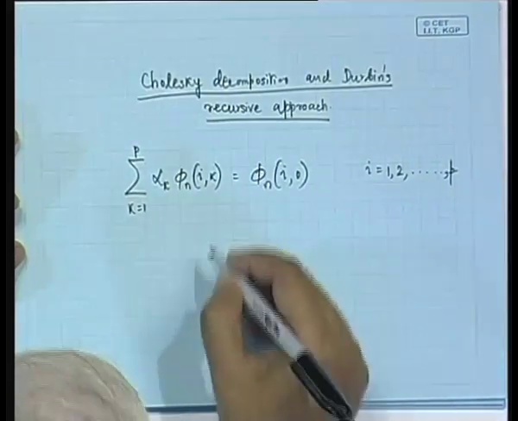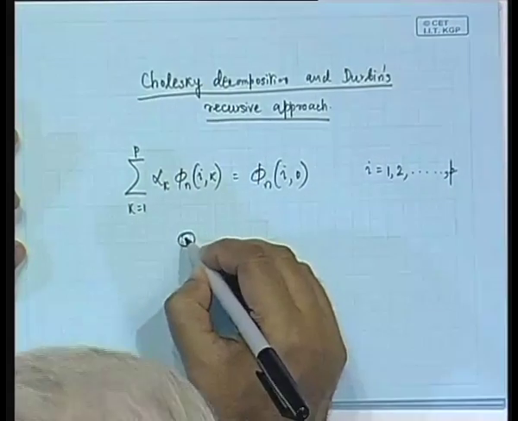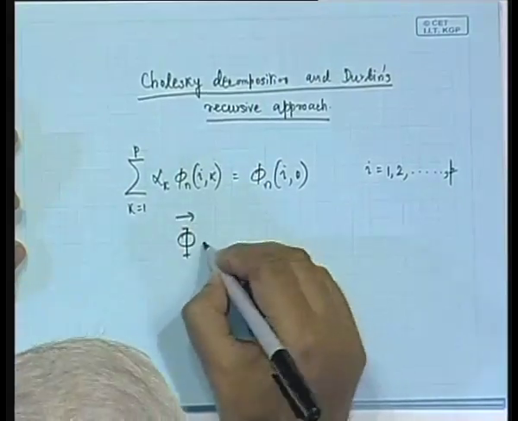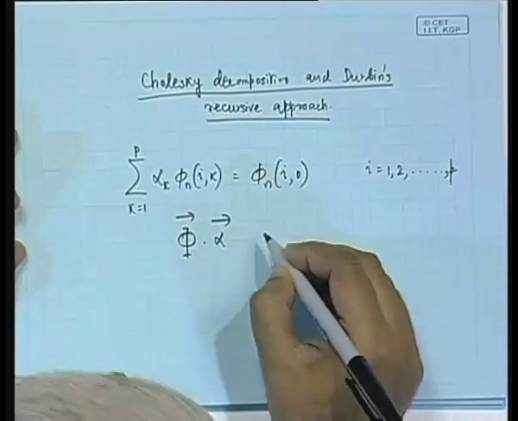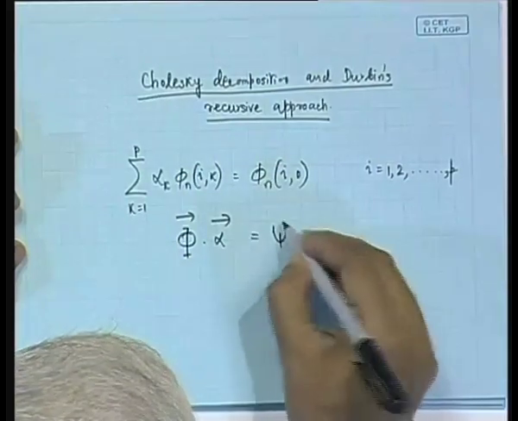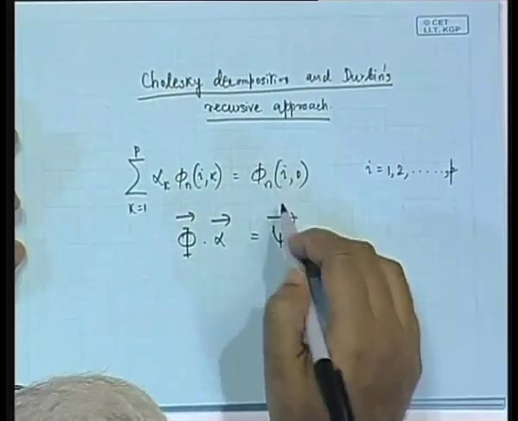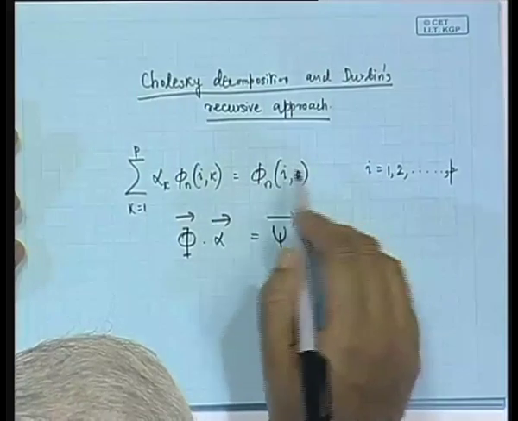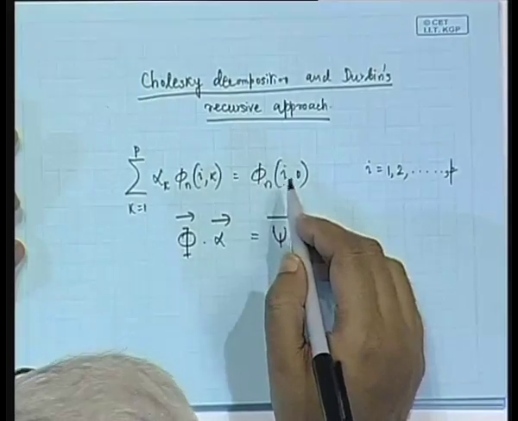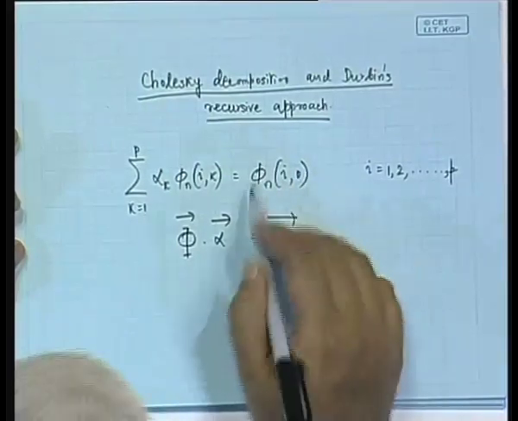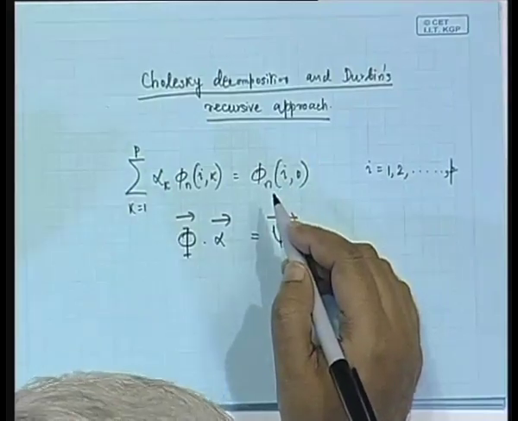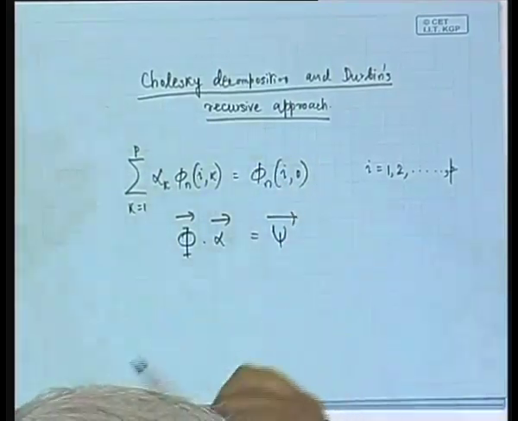The equivalent matrix equation is the phi matrix multiplied by the alpha vector, equal to the psi vector, which is a column vector consisting of these phi n's. This is how we represent it in terms of matrix.